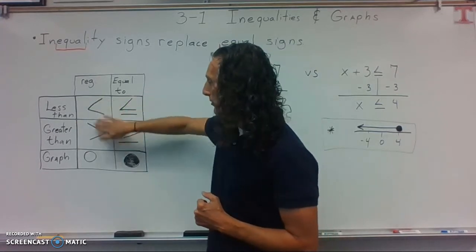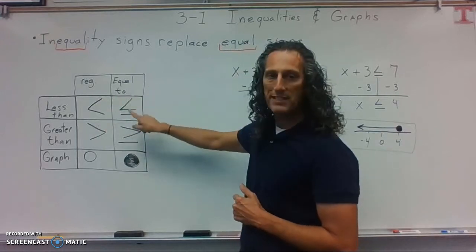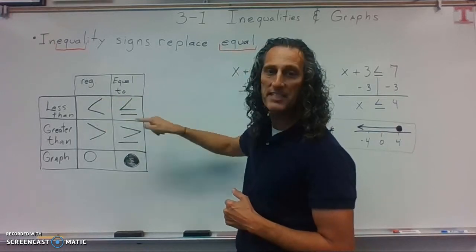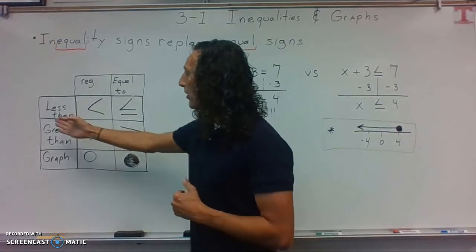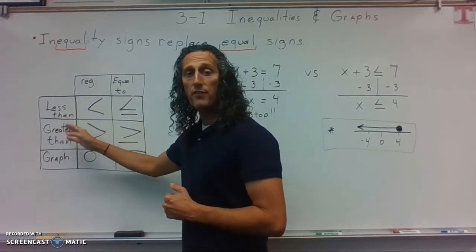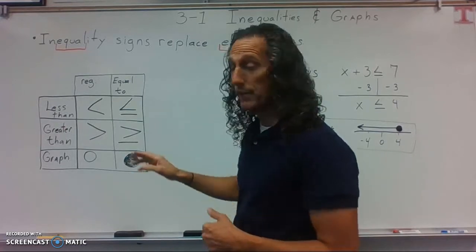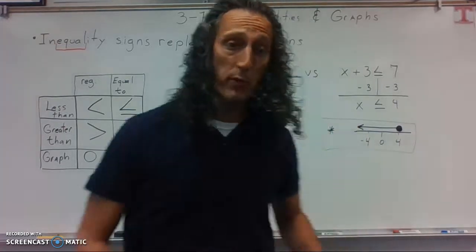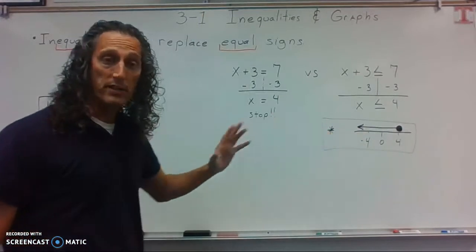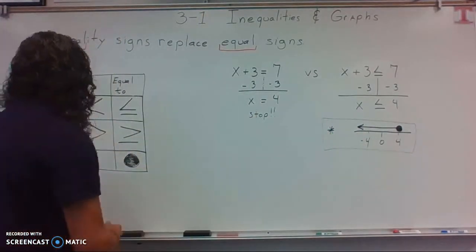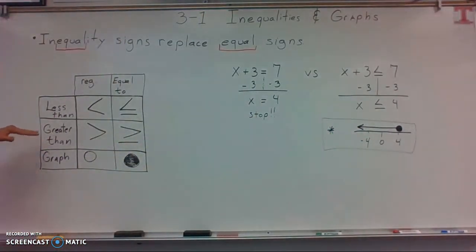We have our regular inequalities, and then the ones that have the extra line underneath, and that means equal to. Then we have our greater than. Obviously they're going to be pointing towards the larger numbers, so towards the right, towards the positives, because the positives get bigger and bigger.